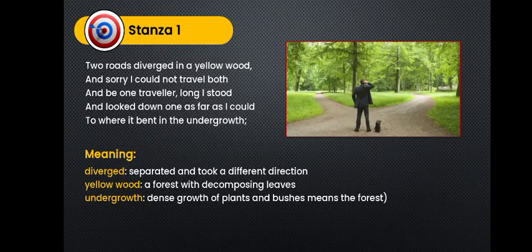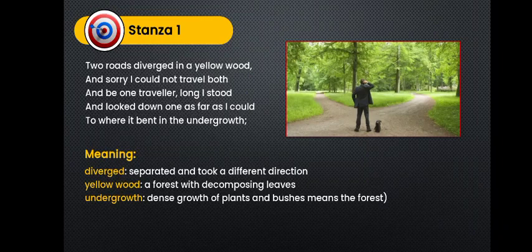In the first line, it says that the wood, the jungle, is yellow. Here, the yellow wood refers to the autumn season and the decomposing leaves as well. This symbolizes the vague situation of the poet's mind.